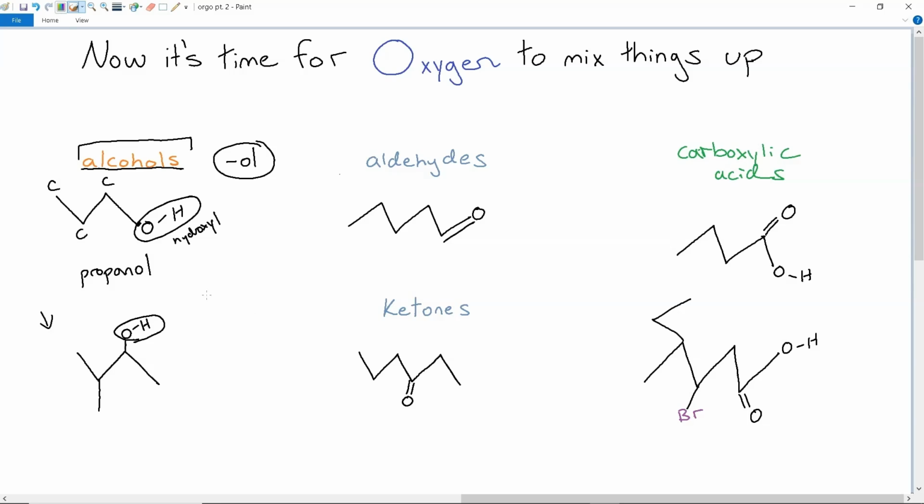So no matter what's going on, whether we have double or triple bonds, the hydroxyl group is actually going to take priority. So let's figure out what our main chain is here. We have 1, 2, 3, 4 carbons. And then we have a hydroxyl group on our 2nd carbon, and then a methyl group on our 3rd carbon.